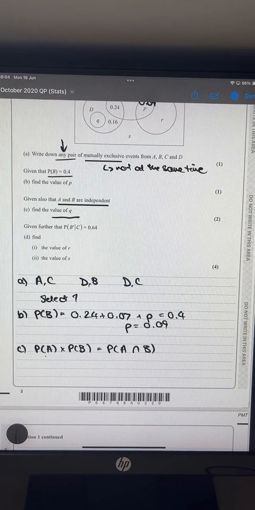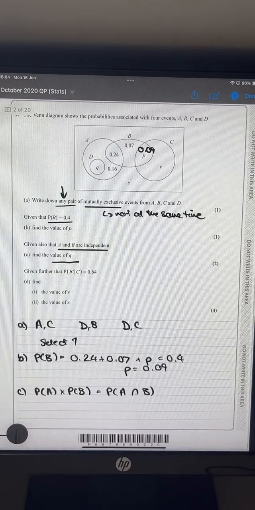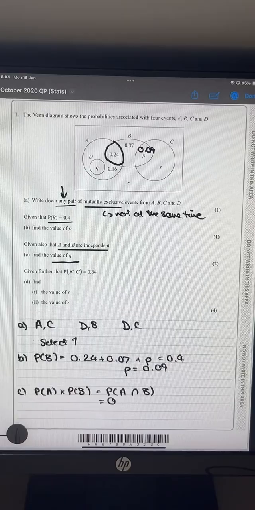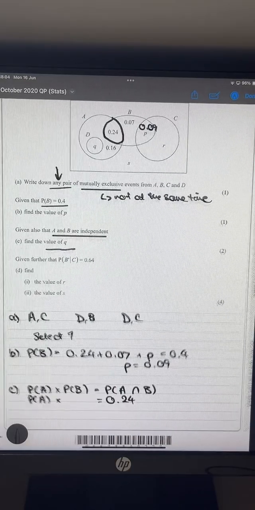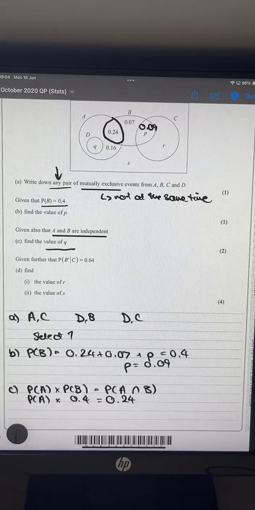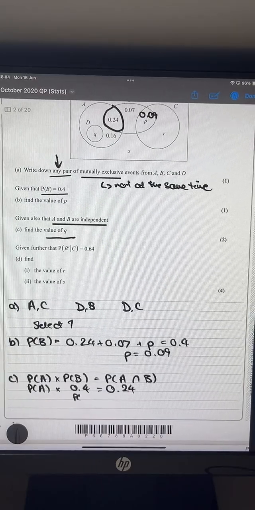So the probability of A times P(B) is equal to this. All we've got to do is substitute in. What is the probability of A and B? This is A, this is B. The intersection is this section here, 0.24. We need to know the probability of A, multiplied by P(B), which they've told us is 0.4. So the probability of A is equal to 0.6.